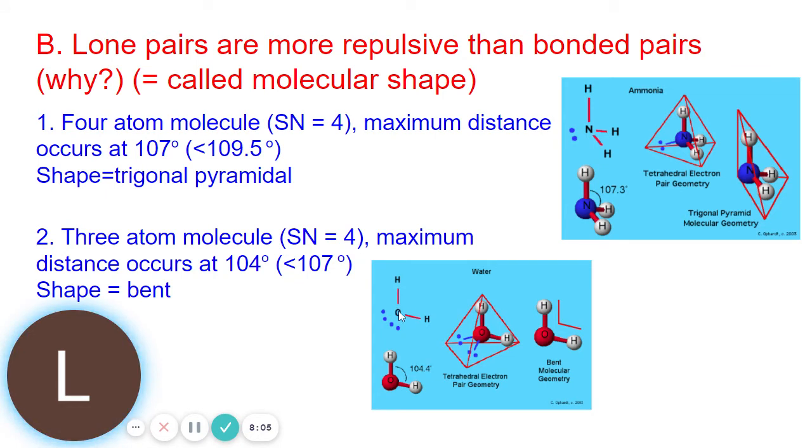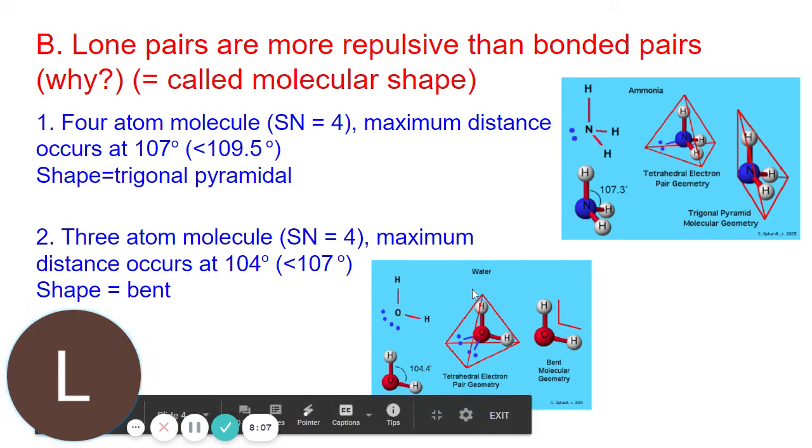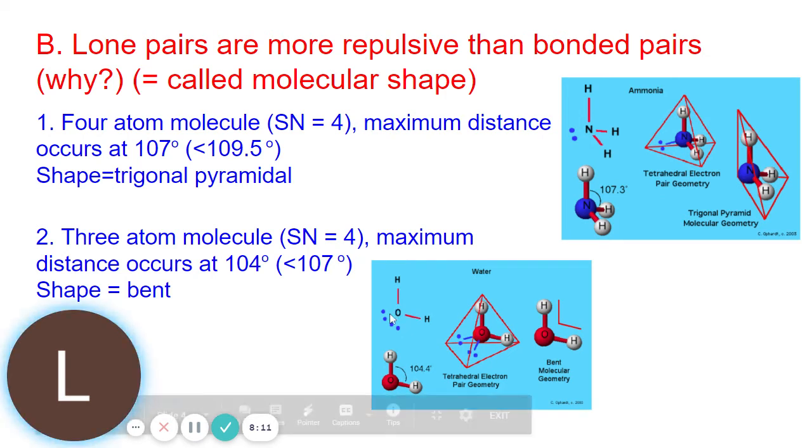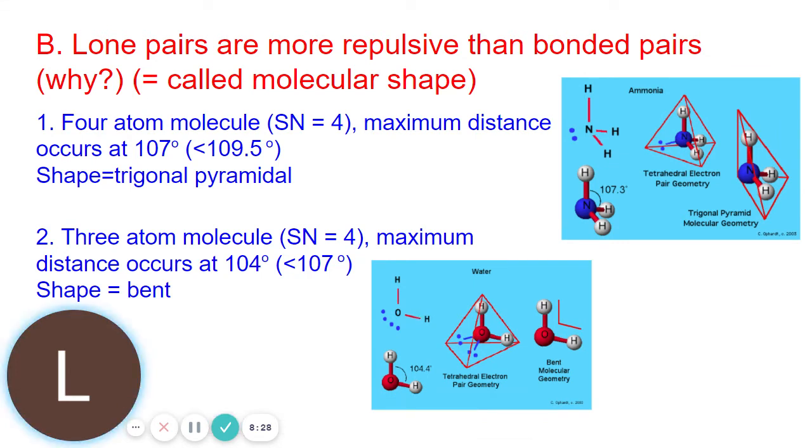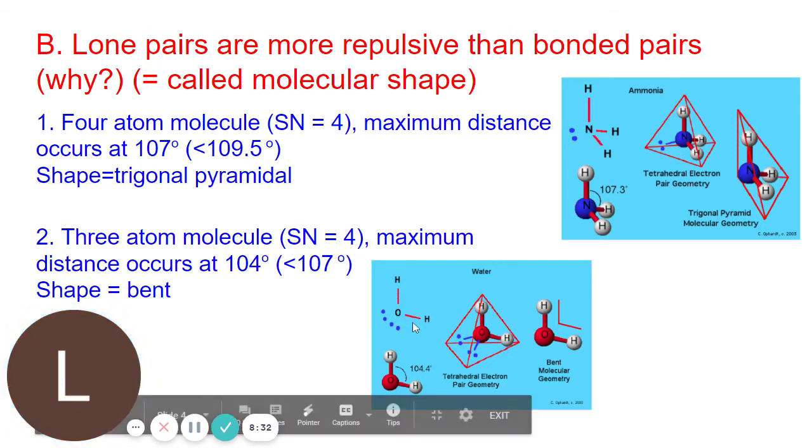So again, here I have 4 things in the water example. I have 4 things coming off of the central atom. I have 2 lone pairs in this case and 2 bonds. So that's 4 total. It still has an electron pair geometry of tetrahedral, but now its shape, because I have the 2 lone pairs, is bent. If you are looking at an atom, the shape is really based off of the bonds.